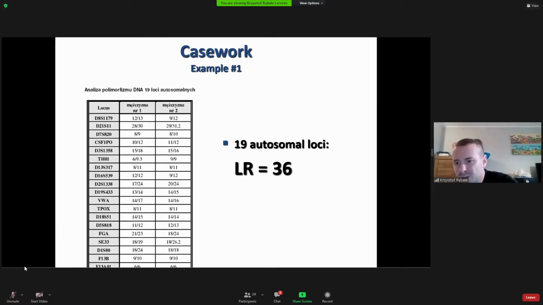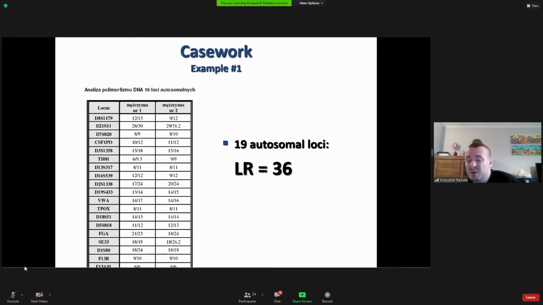I will even mark that I like your idea, but regarding autosomal markers and the alleles found in these two men, genetic studies show that European populations do not differ. Actually, for autosomal markers, we can use just one population for the Caucasian populations of Europe, because they do not differ.